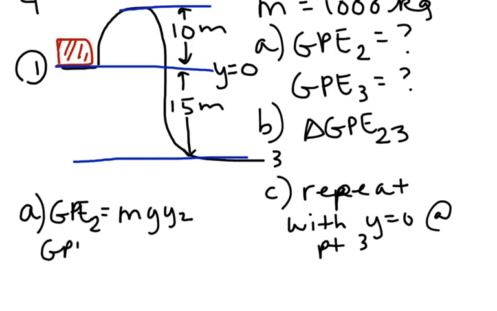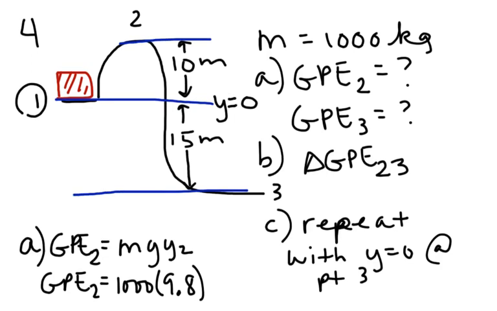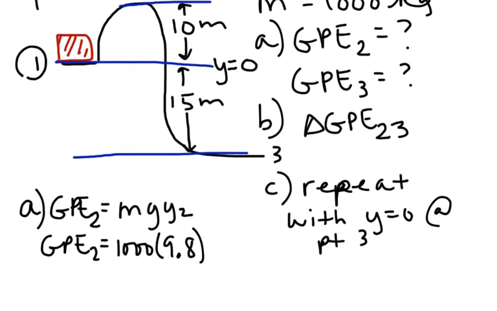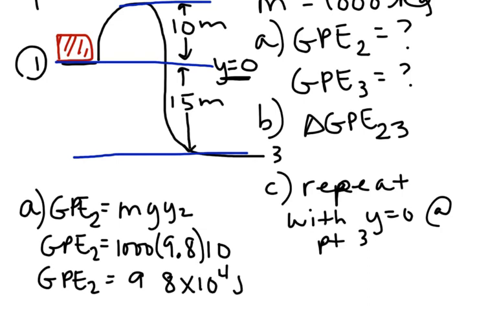So my gravitational potential energy at 2 is 1,000 kilograms times 9.8 multiplied by my height at position 2. And my height at position 2, where is position 2? There it is. It's 10 meters above my reference level of 0. So that would be 10 meters. And so my gravitational potential energy at position 2 is 9.8 times 10 to the 4 joules.